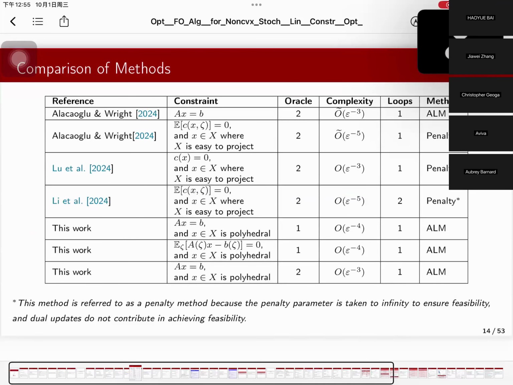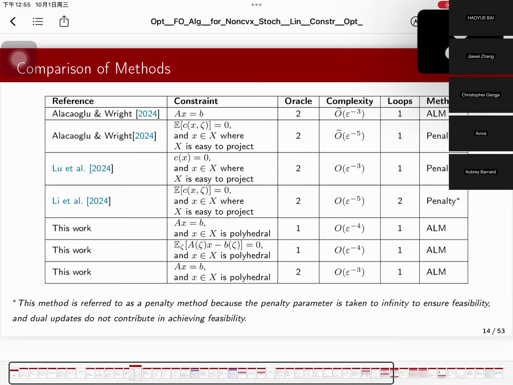Okay, so here are some papers in the literature. I will not go into the details, but in summary, these papers on stochastic optimization with stochastic constraints cannot achieve the optimal sample complexity. Also, most of these algorithms are based on the penalty method.